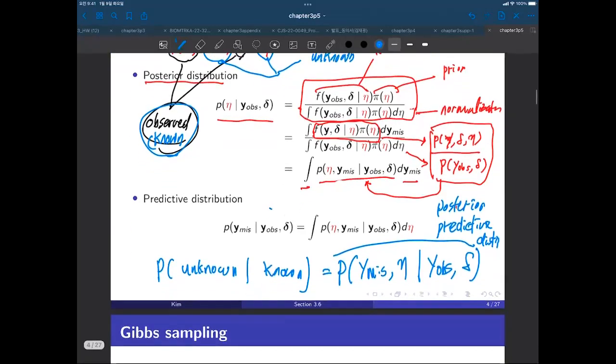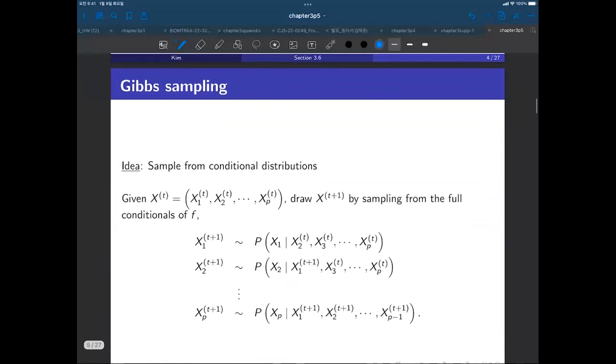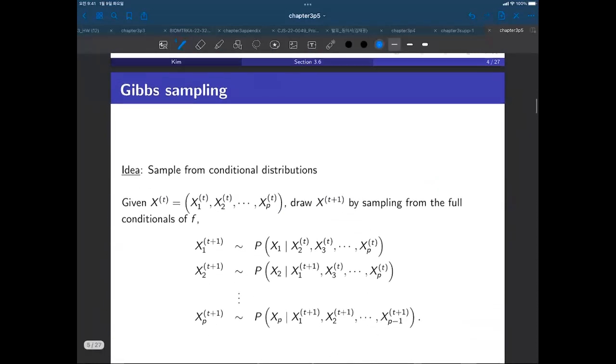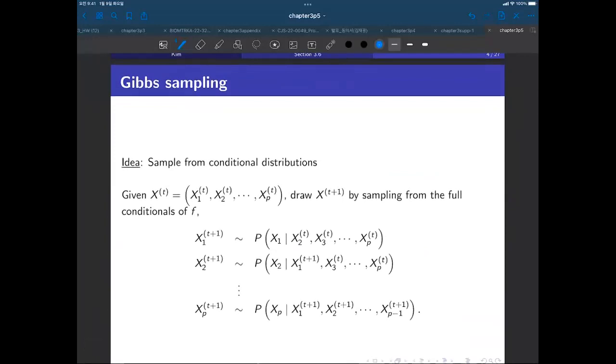However, the real computational question is how to generate this distribution when you know only the conditionals. So the idea of Gibbs sampling is that we want to generate the joint distribution from full conditionals. What do you mean by a full conditional?